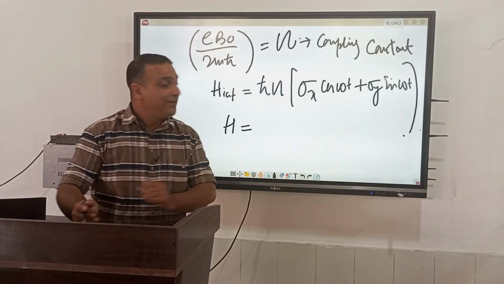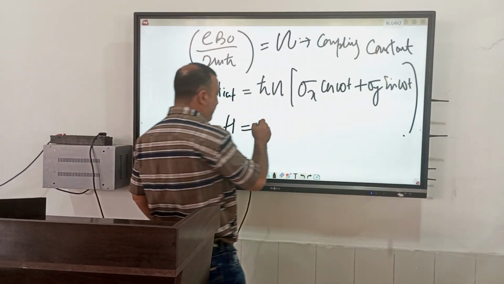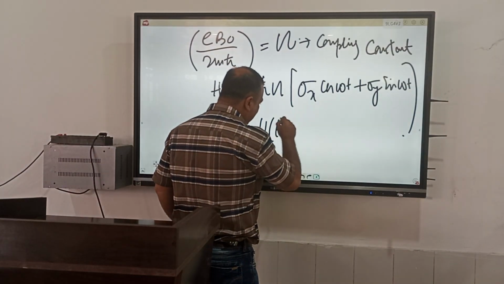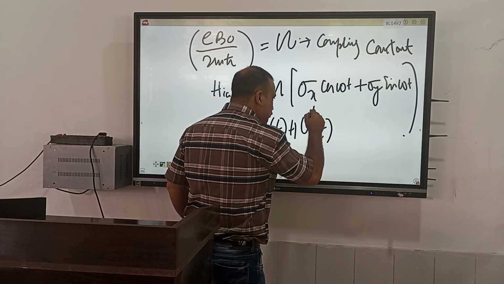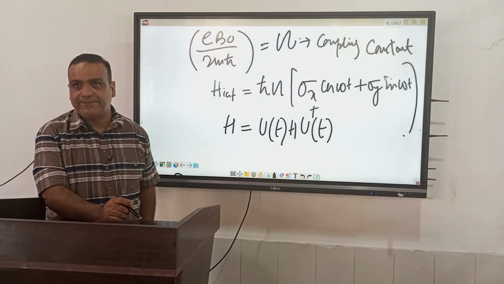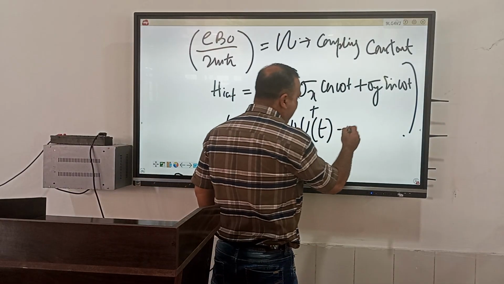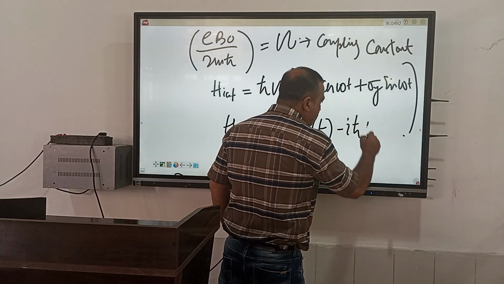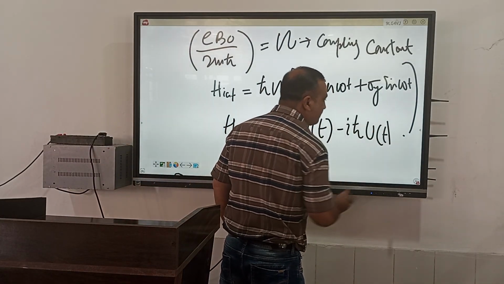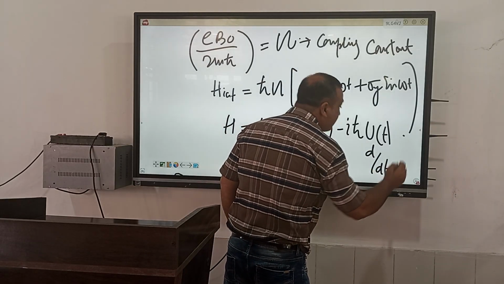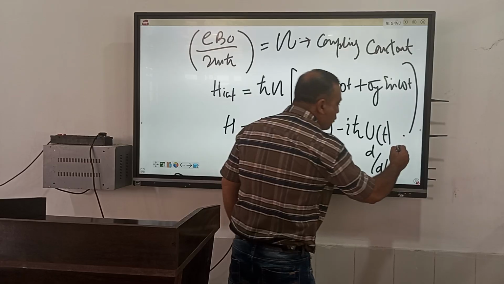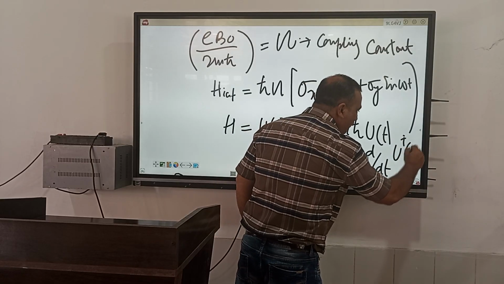So H will be U of t H U of t adjoint, or you could call it dagger, minus i h bar U of t d by dt of U dagger of t.